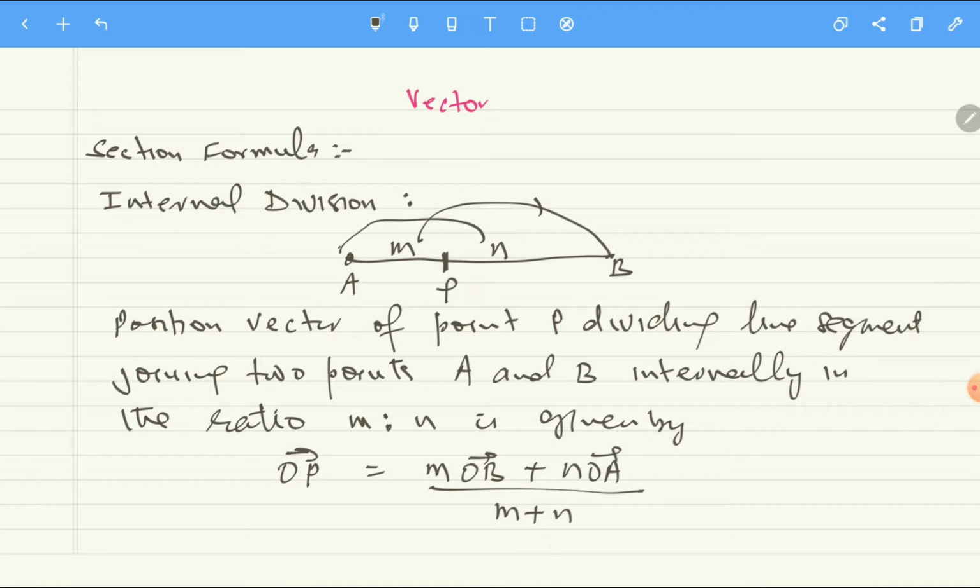Let us discuss why we are getting this. Now let us have a line segment AB. We'll explain this. This P was divided in the ratio m is to n.